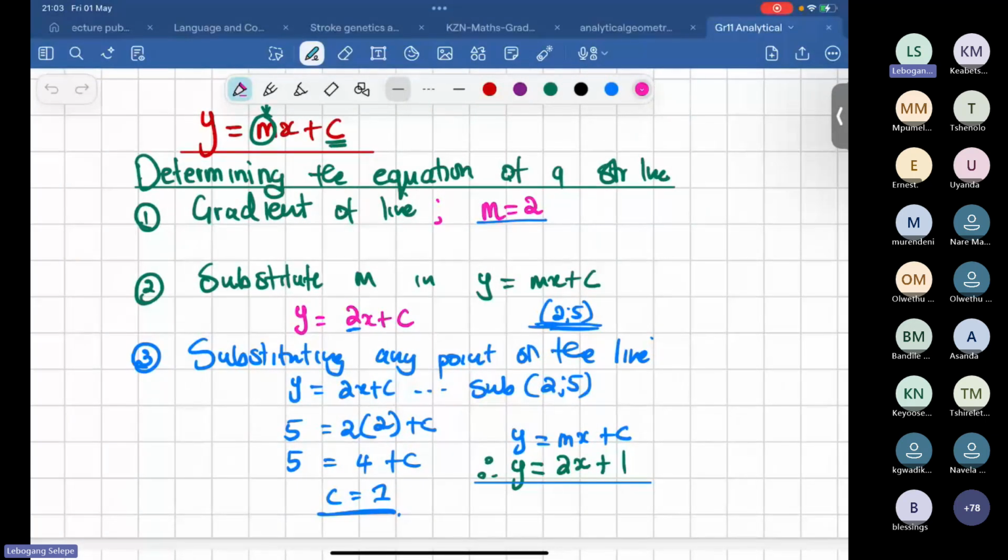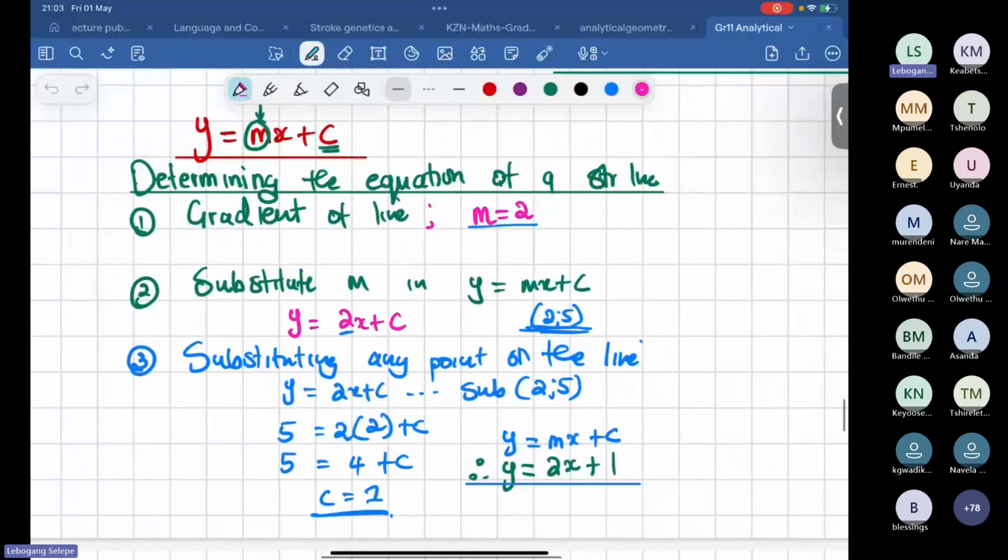That's the first step. When you want to determine the equation of a straight line, we know very well that it's in the form y is equal to mx plus c. The first thing that you should be able to do is to determine the gradient of the line. Once you have the gradient, you substitute it into the equation y is equal to mx plus c. So in this case, I made an example and said, let's say I have the gradient 2. Then I would have y is equal to 2x plus c.